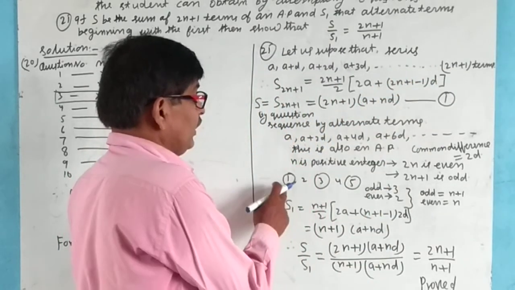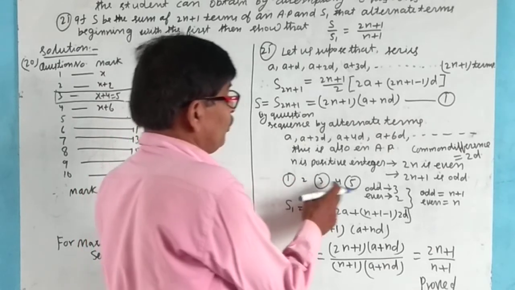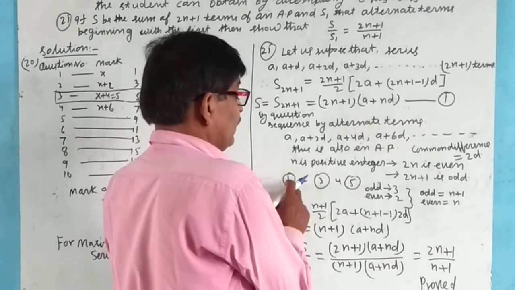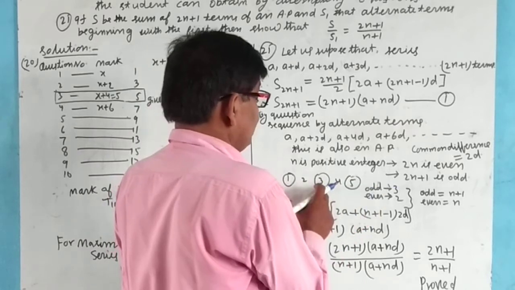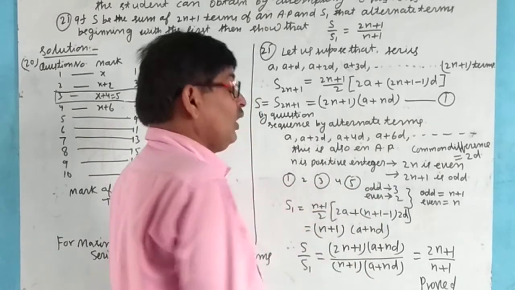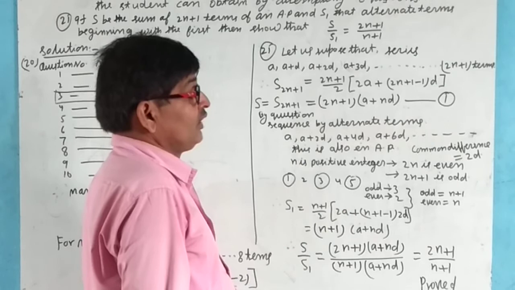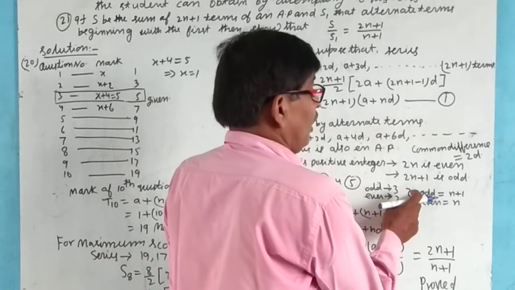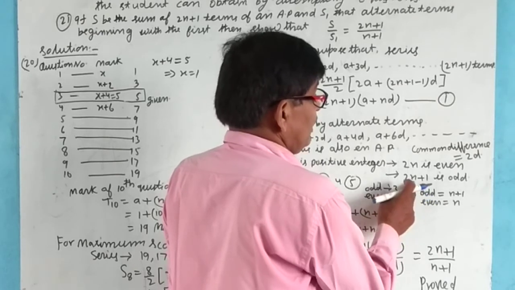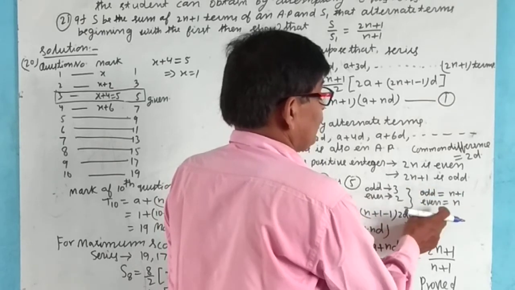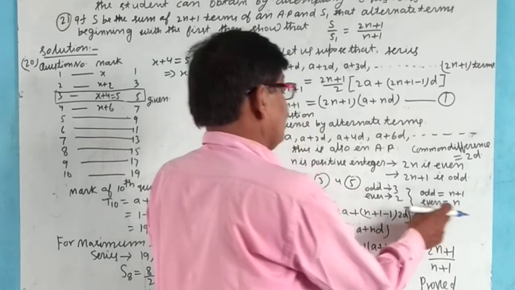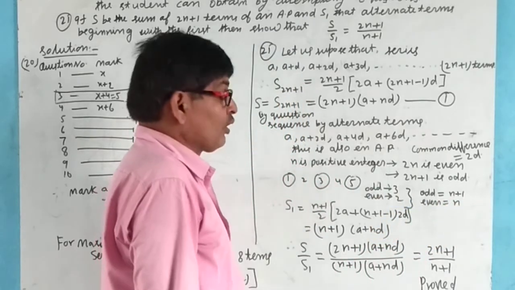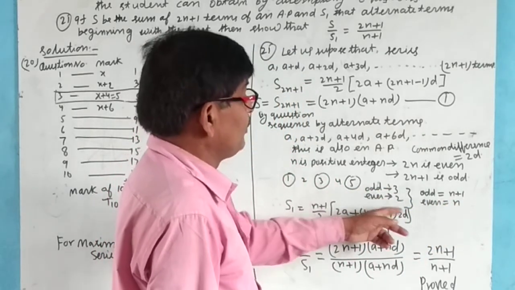Take a pattern 1, 2, 3, 4, 5: the odd positions are 3 and the even positions are only 2. Similarly, with total terms 2n plus 1, the number of odd terms is n plus 1 and the number of even terms is n, because the number of odd terms is 1 more than even.